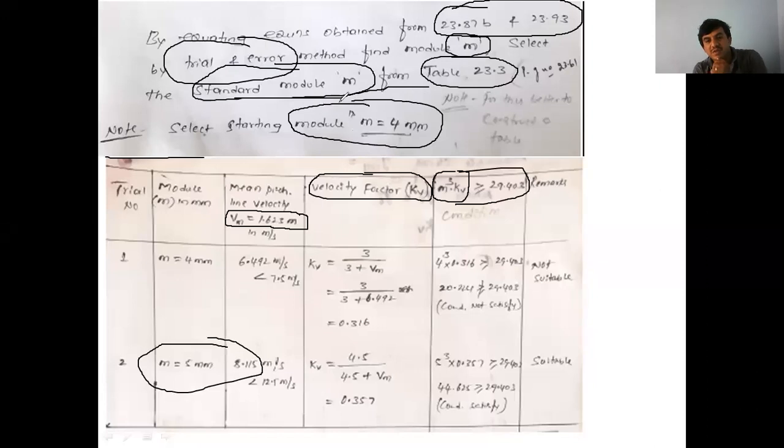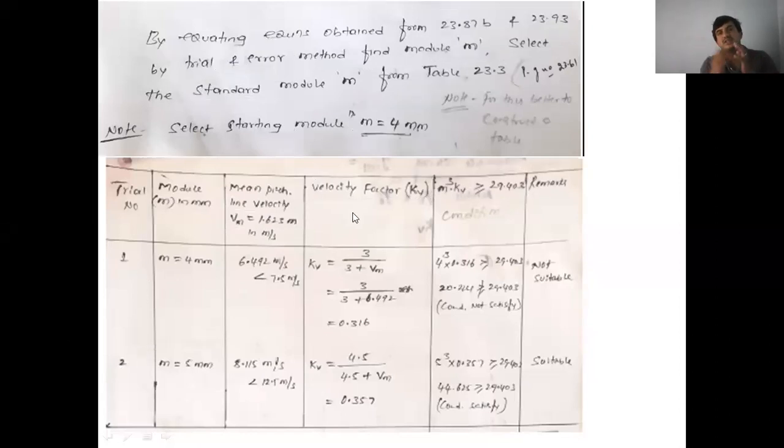If 4 mm itself is suitable, then we choose 3 mm, 2 mm, like that, decreasing the module. When you solve the problem, you will come to know how to compare those two equations. Once you select the module, then calculate the mean pitch line velocity, Kv value, tangential tooth load value, etc.